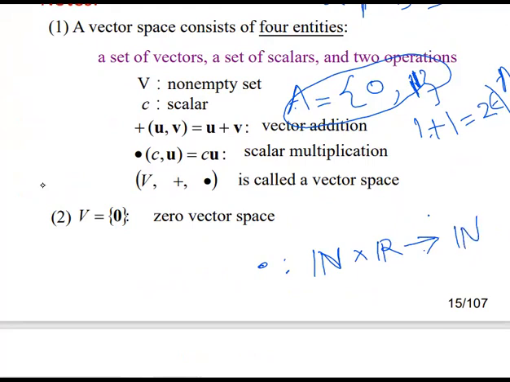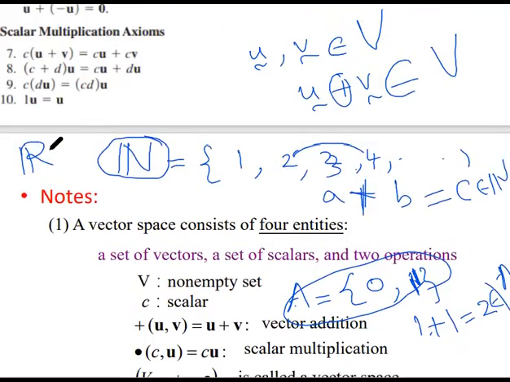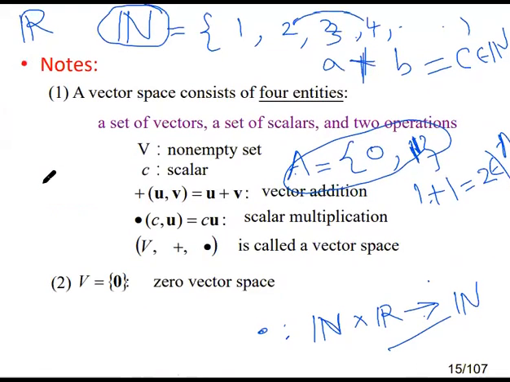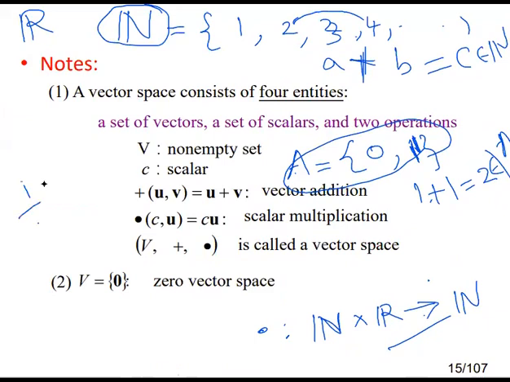Let's check, we don't know whether this is true or not. R contains rational numbers, so 1/2 belongs to R. It's a real number.